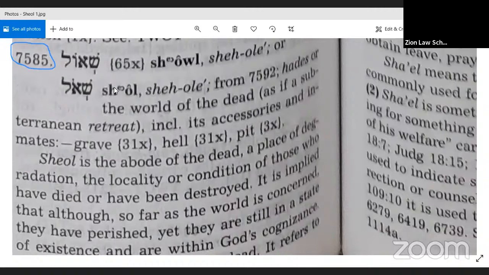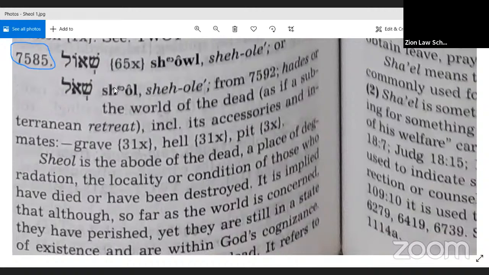So let me read that real quick. I have my Strongs open. If you're in the audience and you have your Strongs, you should pull out your Strongs and follow along, okay? Looking up these other Strong's numbers is really important.